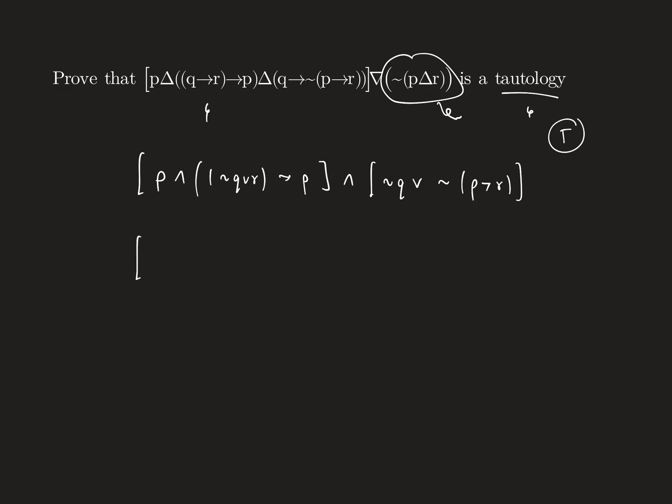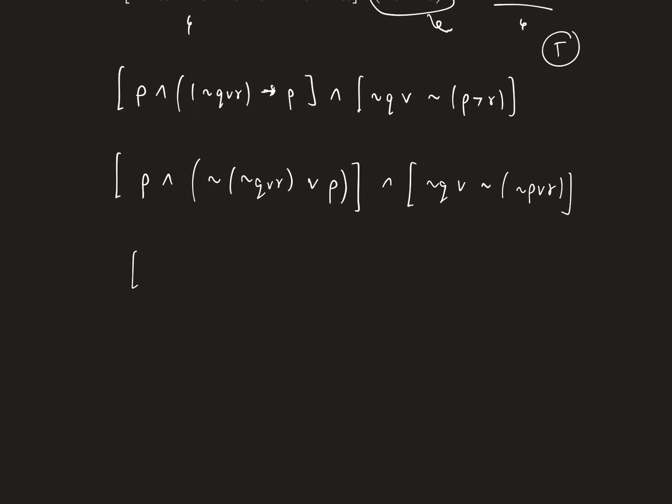So the first one here is P. I'm gonna change this then sign into not again. So it is gonna be not Q or R, or P. And the second one here is not Q or not of not P or R. So I'm gonna write it again.